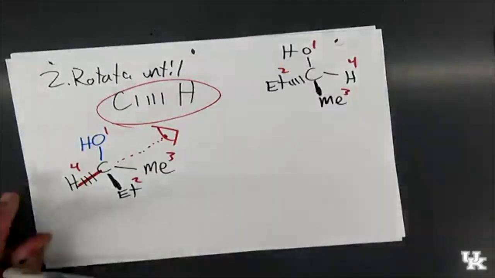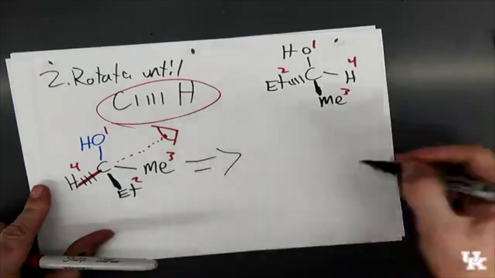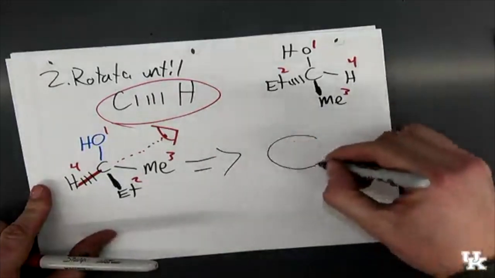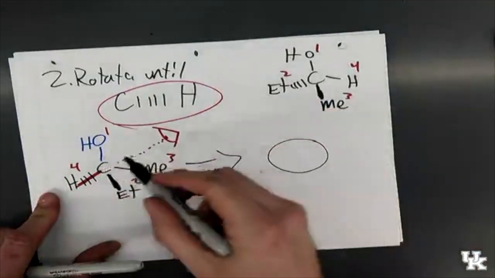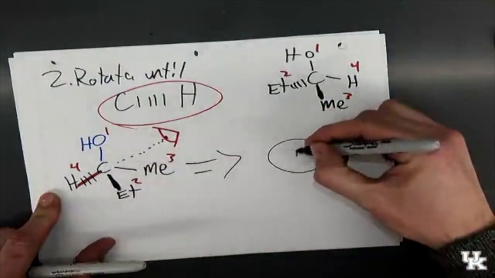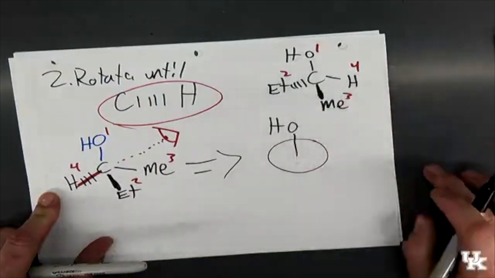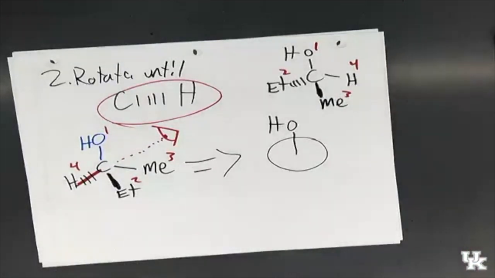Okay, so then redrawing that, let's draw the molecule. So now this is the bond we're looking down. Again, it's the CH bond. And the OH group is pointed up, right? So now, if we are looking down the molecule and the OH group is pointed up, to me it looks like there are 2 here, and the ethyl group is here on one side, on the left, and the methyl group is on the right.